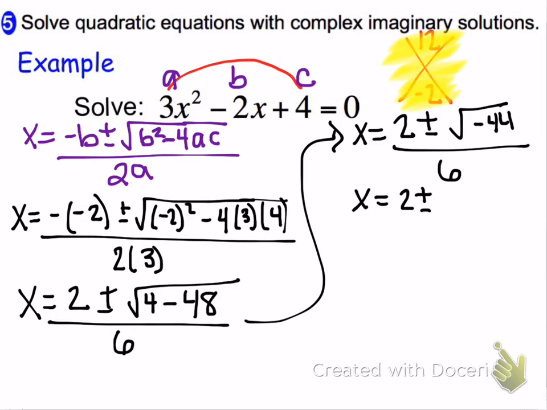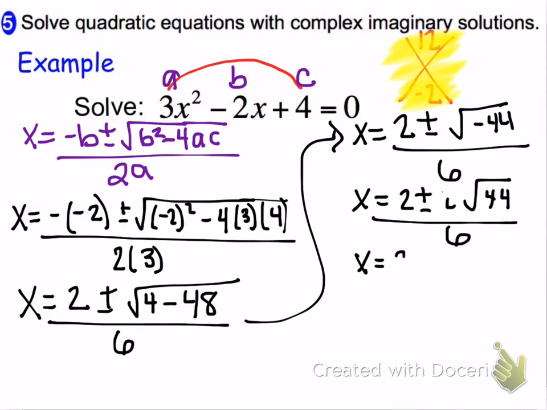And again, I'm going to pull out that negative by turning it into an i. And now I have the square root of 44 divided by 6. Well, 44 is not a perfect square, so let's think. What two numbers multiply to 44, but one of them being a perfect square?